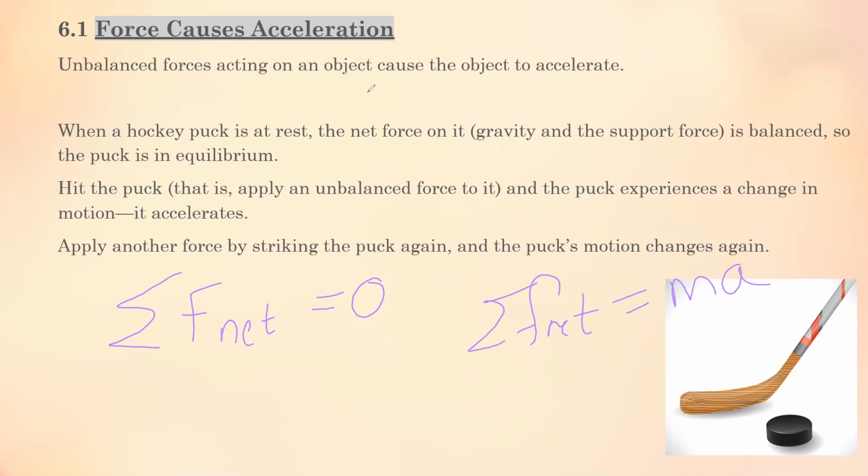That means the object here is accelerating. In the first case, we have a constant acceleration, with balanced forces acting on them that make the net force zero. So later on we will see that the force is equal to the mass times the acceleration. Let's see now.